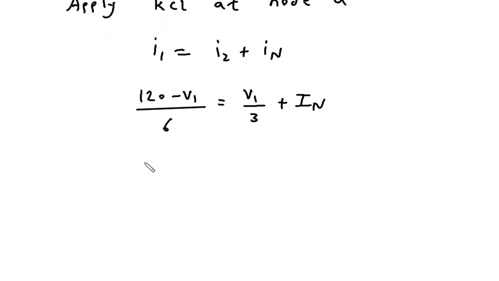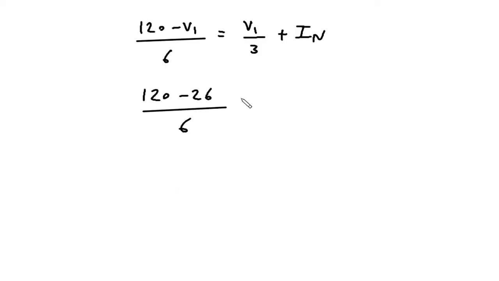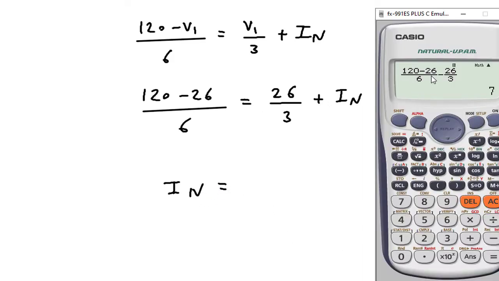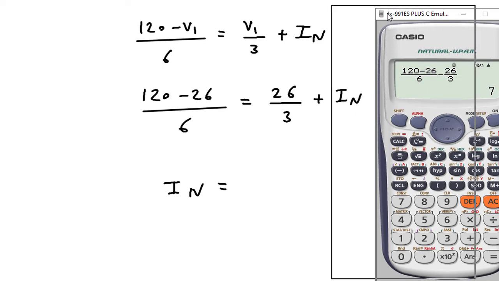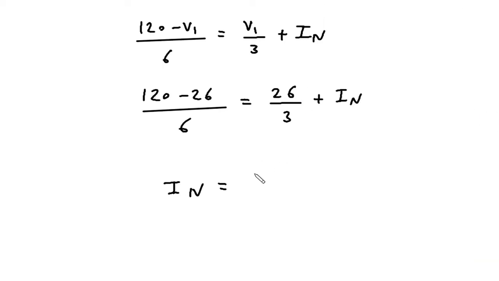So from this, 120 minus 26 by 6 is equal to 26 by 3 plus IN. So IN is equal to 120 minus 26 by 6 minus 26 by 3. So this is equal to 7. IN is equal to 7 ampere.